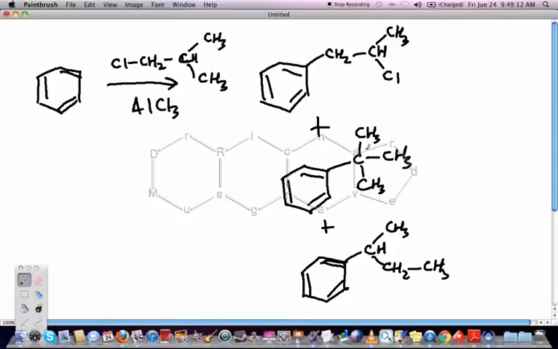Alright, let me just reiterate where these different groups come from. So we've got our CH2 up to plus, we have our 2 CH3s over here.